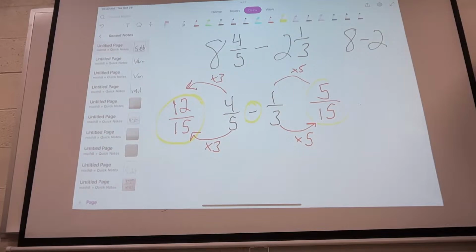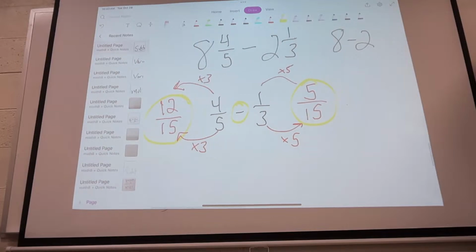Take away 5/15 is? 7/15. 8 take away 2 is? 6. 6 and 7/15.